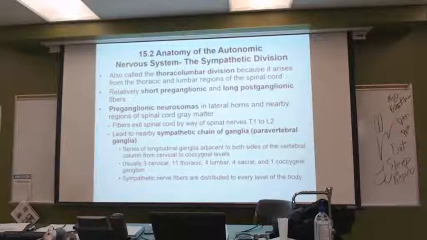So it doesn't synapse, so those groupings of fibers, those greens, simply pass through the chain, make their way to one of these three ganglia, and that's where they synapse. Does that make sense?